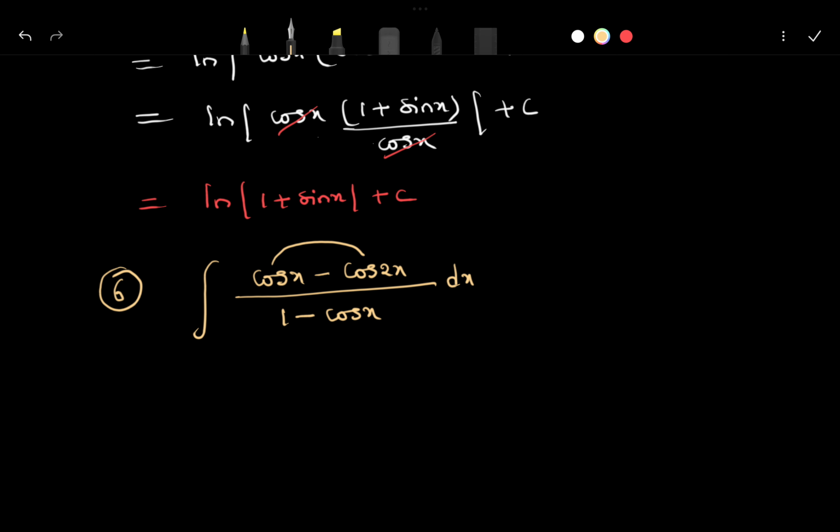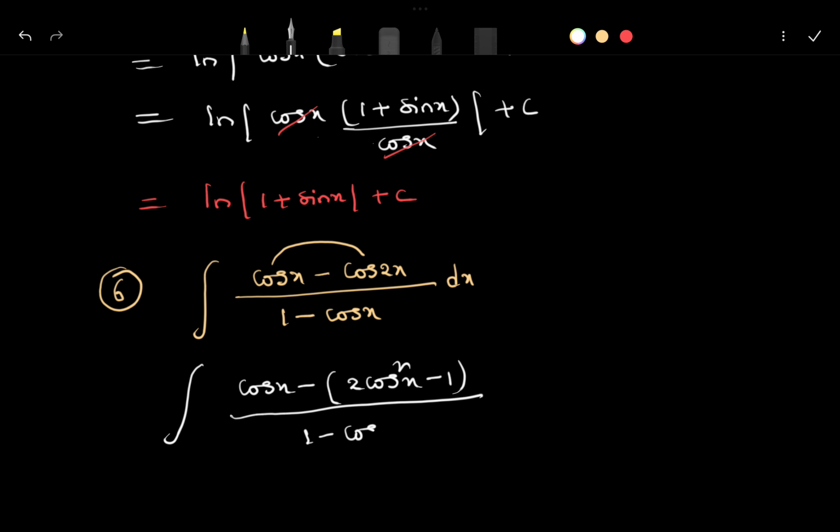Another method, which is very simple, is to convert cos 2x into 2 cos square x minus 1. So integration of cos x minus 2 cos square x minus 1, whole divided by 1 minus cos x into dx.